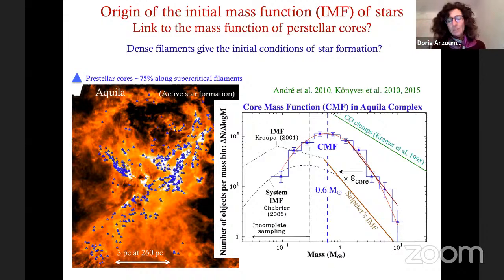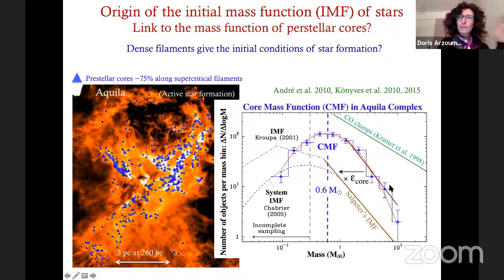And this initial mass function is well described and well observed, but the origin is not understood. So why the IMF peaks at a stellar mass of about 2.3 solar masses, and why there is a slope of this form. So the origin of the IMF is not well understood. There are lots of theories, but it's still debated. And with these observations, what we see is that if we plot the masses of the cores that we observe in these filaments, we can get a distribution which is like this in blue.